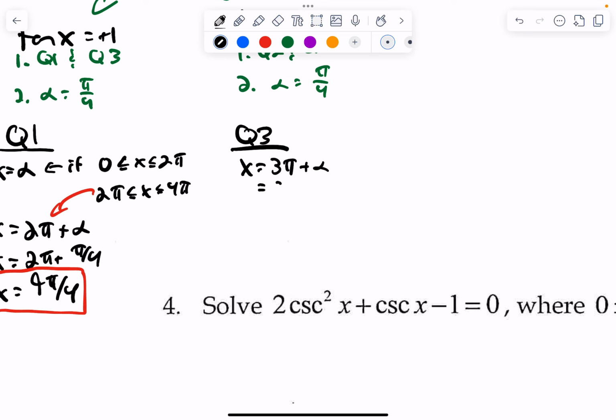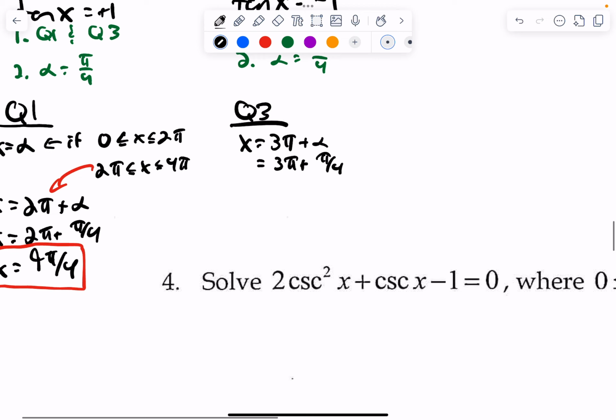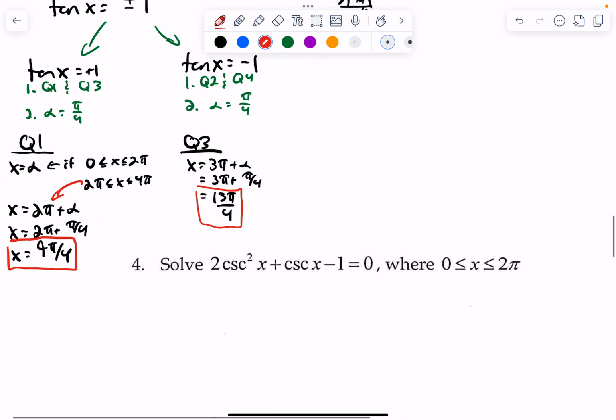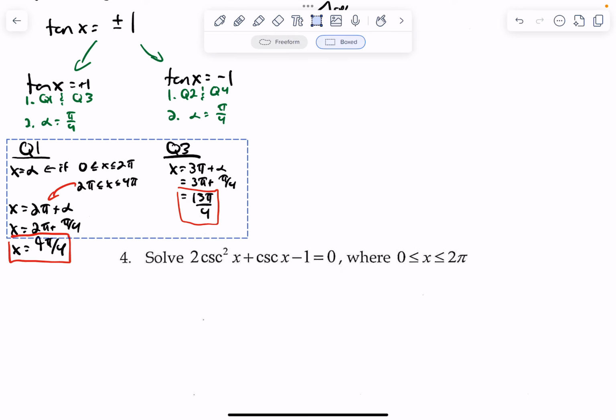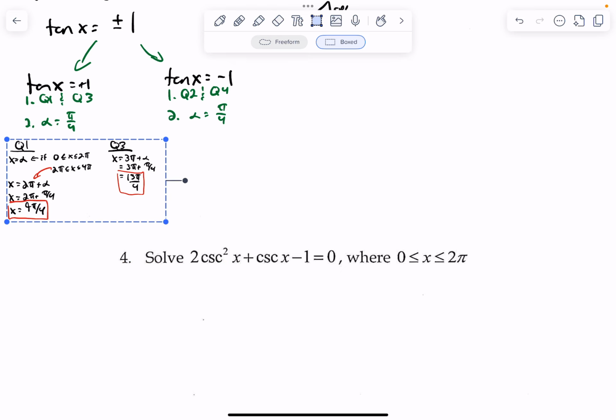So that would be 3 pi plus pi over 4. And that would result in 13 pi over 4. I wrote those really big, but let me reduce that. Okay.